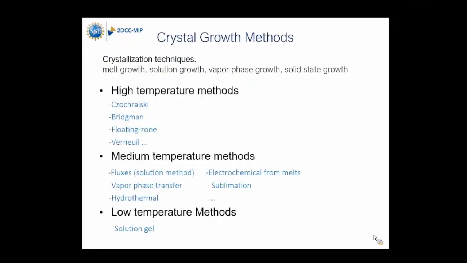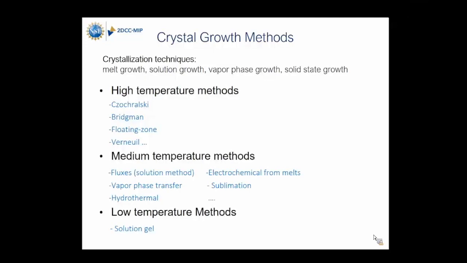Next I'm going to talk about the crystal growth methods. In general, crystals can be grown from a melt, solution, vapor phase, or even solid phase, so we divide growth techniques into four different kinds as listed here. We can also regroup them in terms of growth temperature.